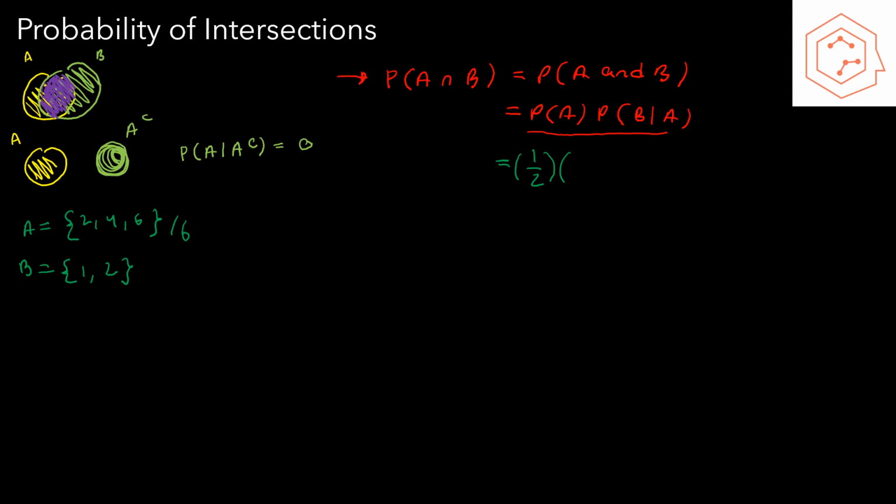So if we know we have A, so we know that we rolled an even number, then the probability of B is going to be 1/3, because if we rolled a 2, B happened. If we rolled a 4, B didn't happen, and if we rolled a 6, B did not happen. So 1 out of 3 times B occurred. If we multiply these two together, we get 1/6.